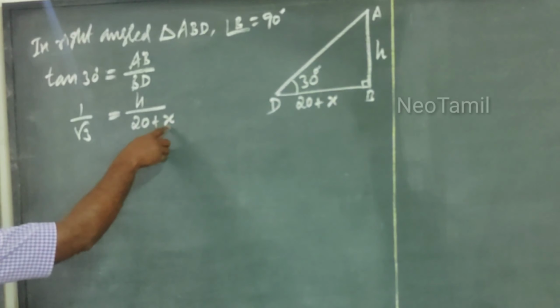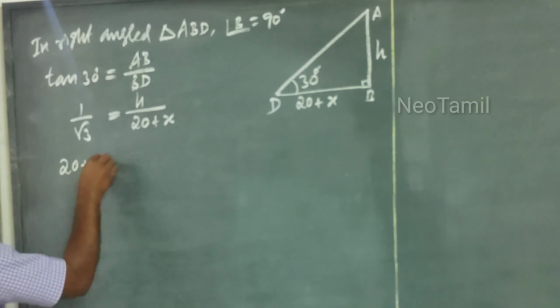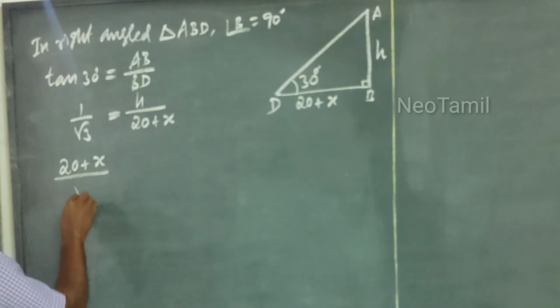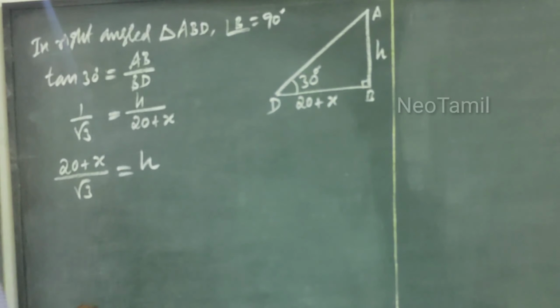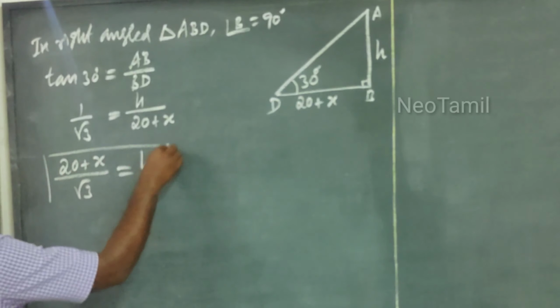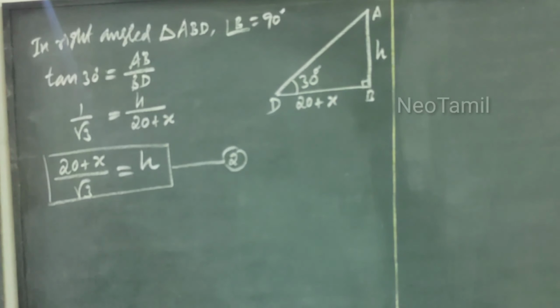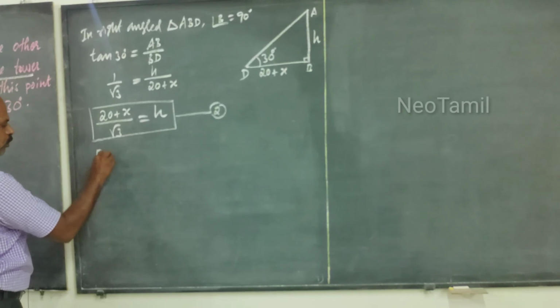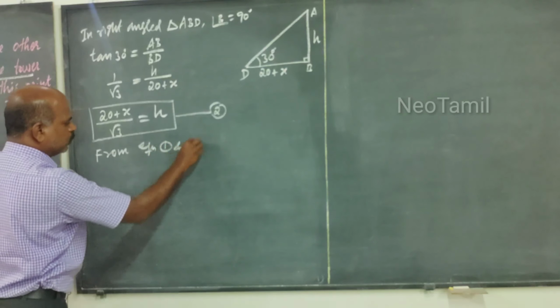And then make the cross multiplication, we will get (20 plus X) whole divided by √3 equal to H. So, this I want to take as equation number 2. From equation 1 and 2, what happened?